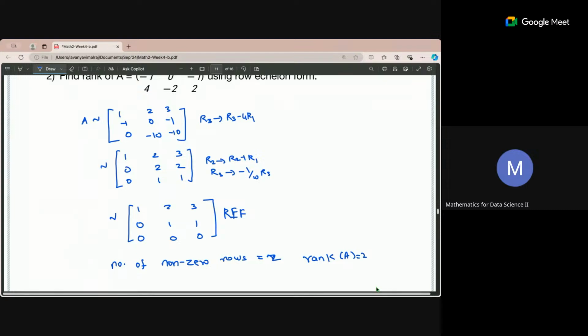That does not matter. Finally, in row echelon form, how many non-zero rows you have is going to give you the answer. Whether you use row operations or column operations, it is not going to change the answer. You can also use a column operation while finding the rank.